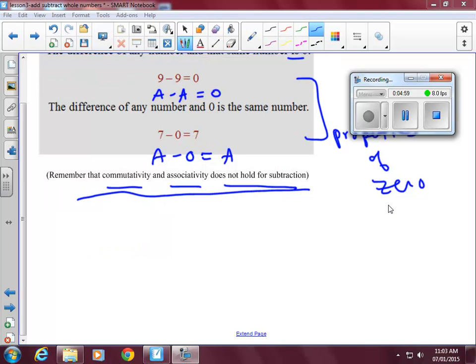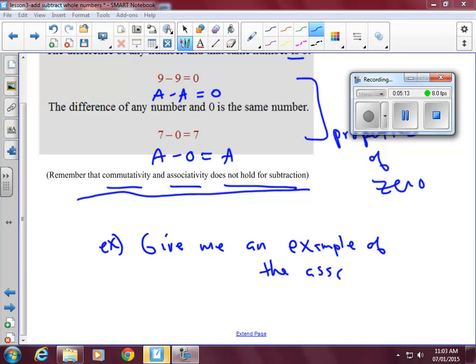Now I am going to insert a little example here in our notes. Can you give me an example of the associative property being used? So this is creative. Let's try something.